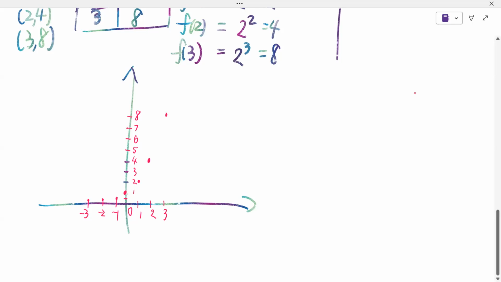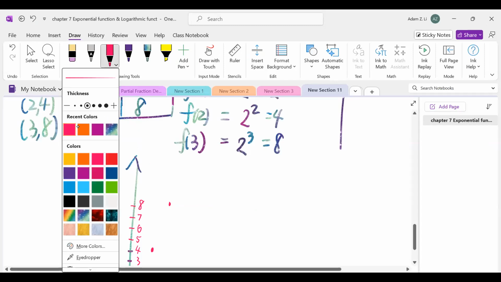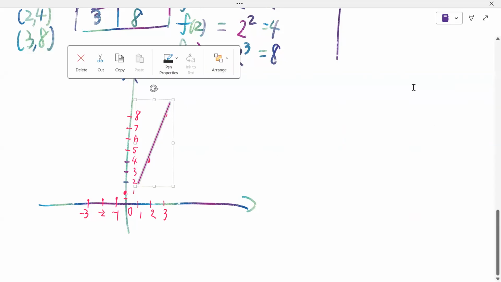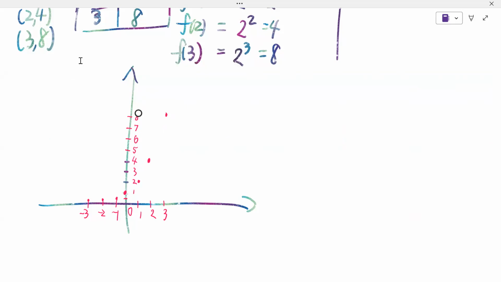And then you're just gonna connect them using a different color. Connect them. We don't want to lie, right?